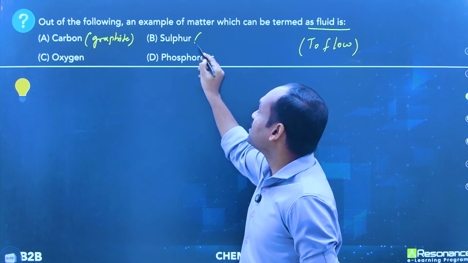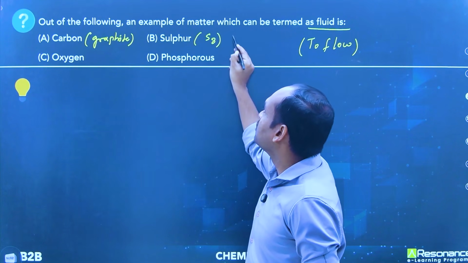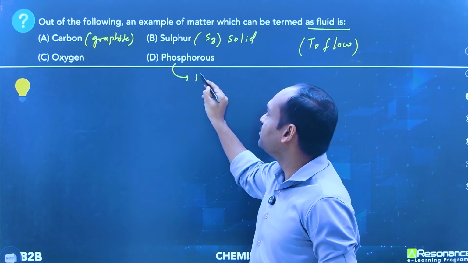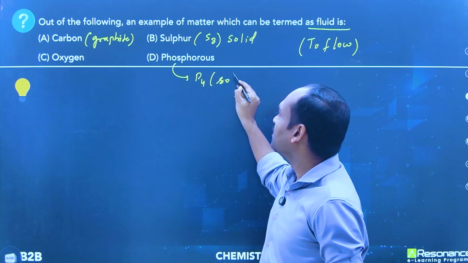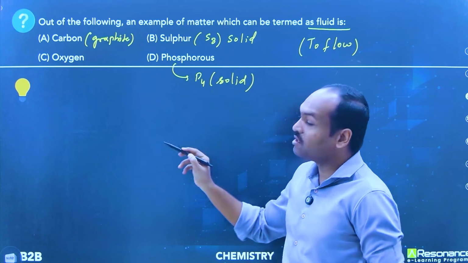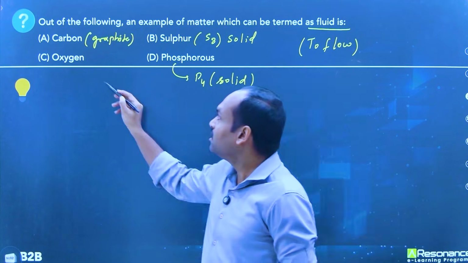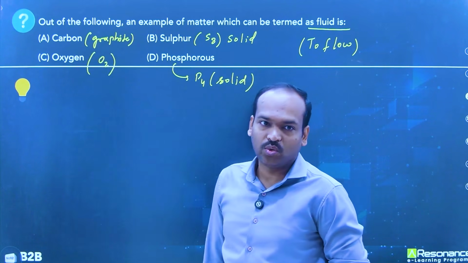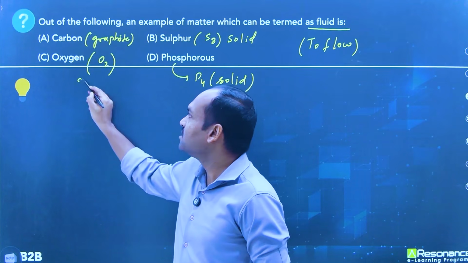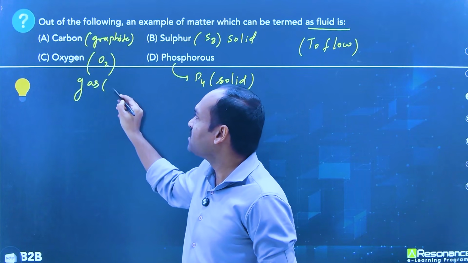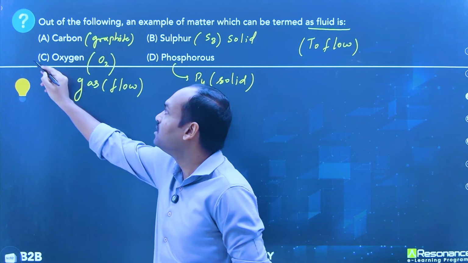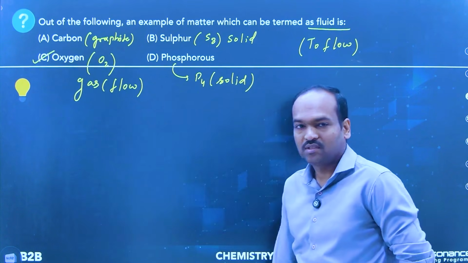Sulfur exists in S8 form, which is also solid. Phosphorus exists in P4 form, which is solid. Oxygen exists in O2 form in nature. So this is a gas, so it has the highest fluidity or flow tendency. So we'll go with C option.